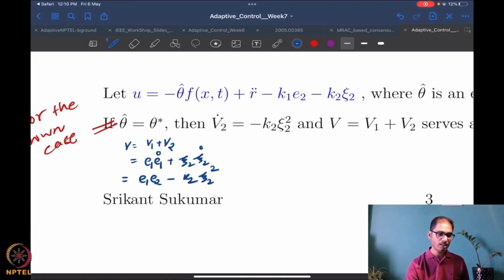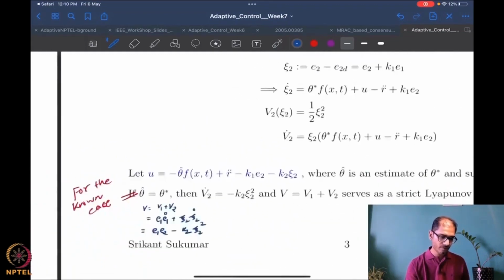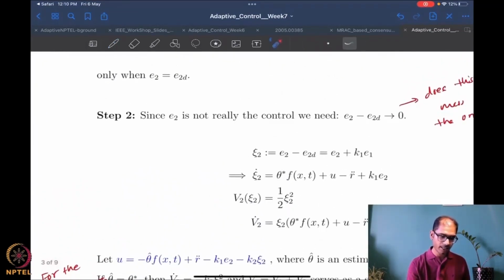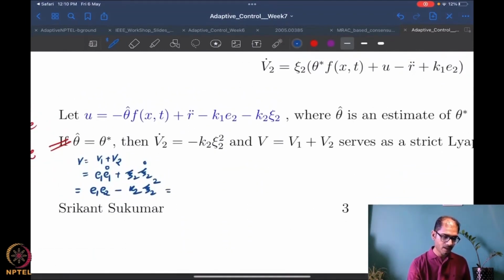Does not seem very evident. However, notice that we had transformed E2 to psi2. So I have to write E2 in terms of psi2. So what is E2 in terms of psi2? I can get that from here. So E2 is simply psi2 minus K1 E1, and this is minus K2 psi2 squared, right?